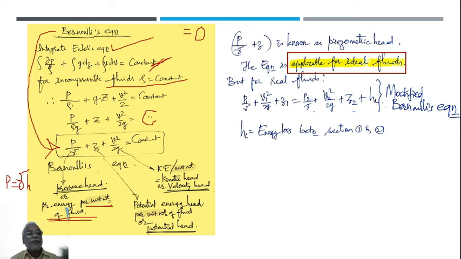Similarly, v squared by 2g is a kinetic energy per unit weight of the liquid, so it is called kinetic head or velocity head. So all these three parts of the Bernoulli's equation are nothing but heads. Pressure head, this is a potential head, or datum head it is also called, this is velocity head. Put together, it is a constant.